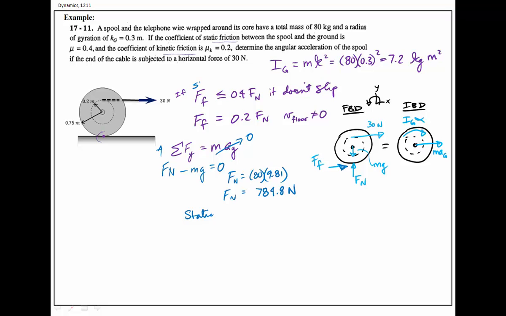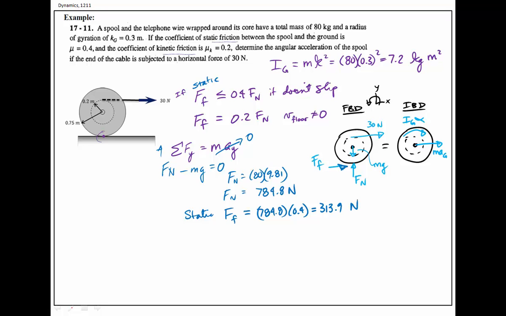Now we could say that the friction for the static case up here, we have to determine if that friction is, the criteria is going to be 784.8 times 0.4, right? It will end up being 313.9. That's the criteria.